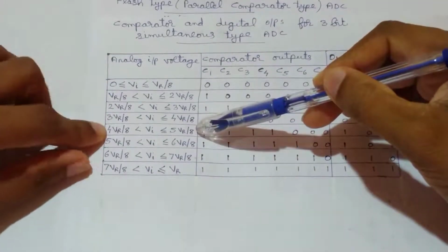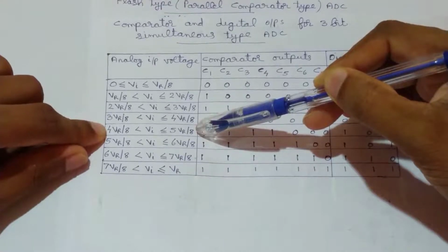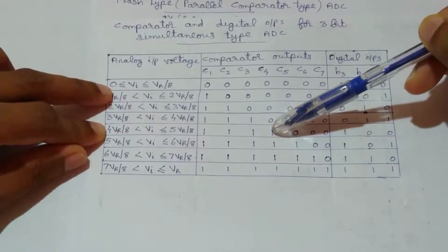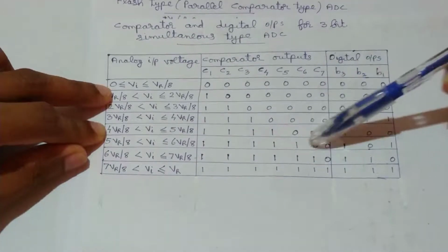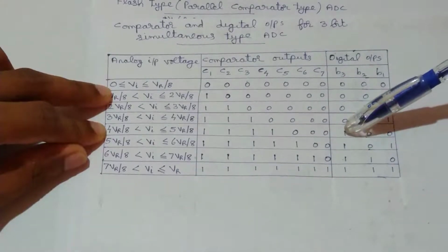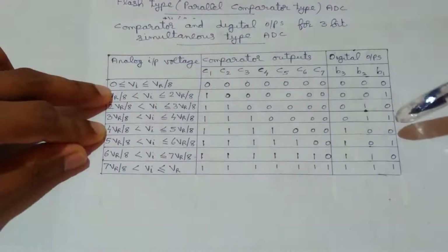Then for the input range 4 VR by 8 less than VI less than or equal to 5 VR by 8, the output of 4 comparators are 1s and the output of the next 3 comparators are zeros. So the output of the priority encoder will be 1, 0, 0.